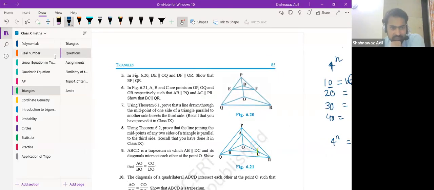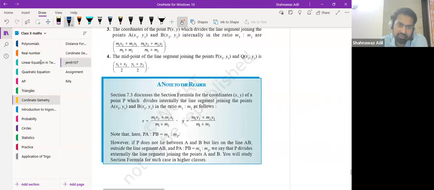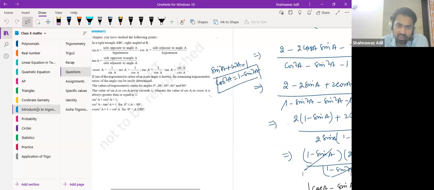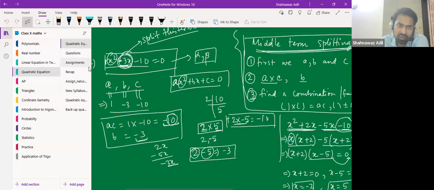Which chapter? Coordinate geometry is coming, right? No, sir. Coordinate geometry is not coming. Okay, then this is the introduction to coordinate geometry. Let me ask this question.